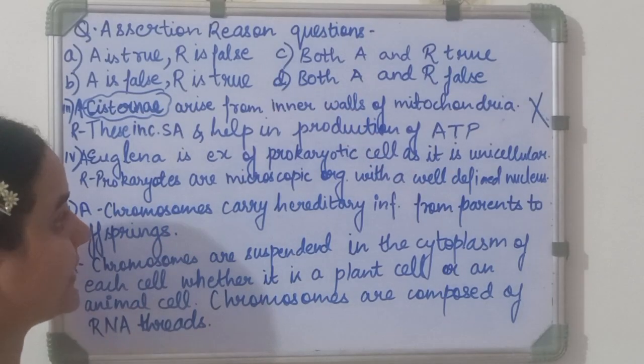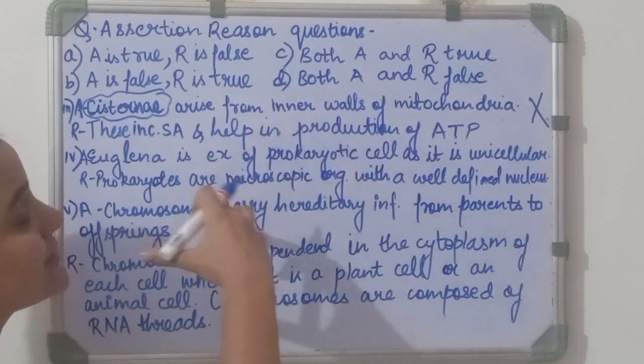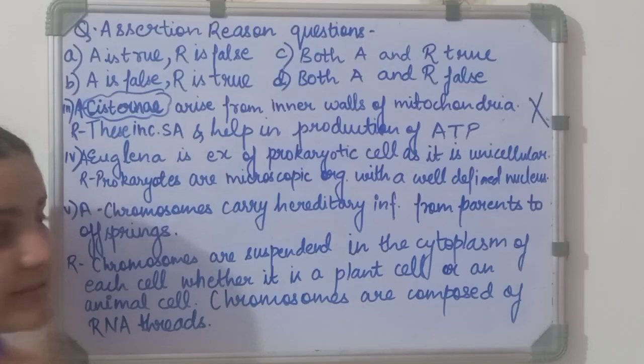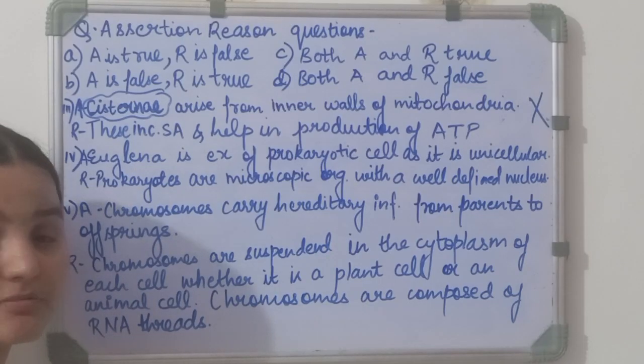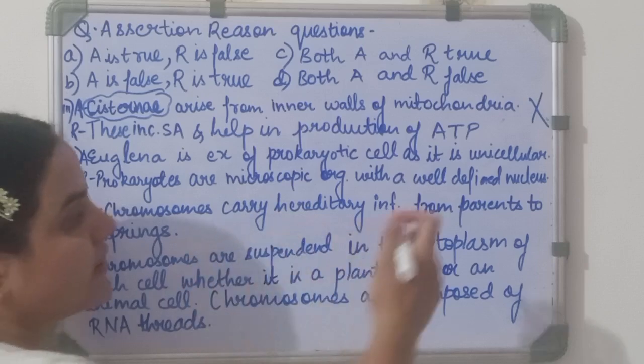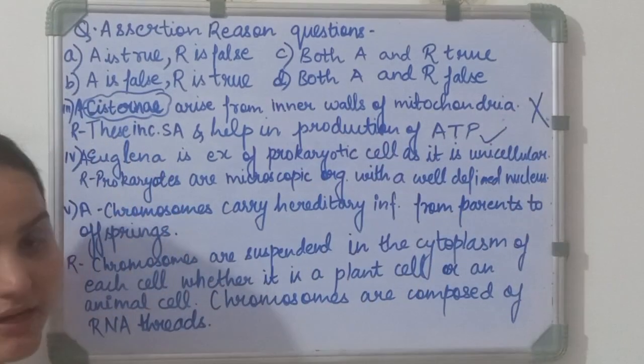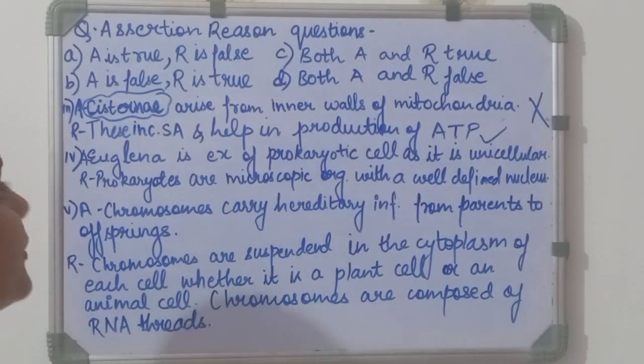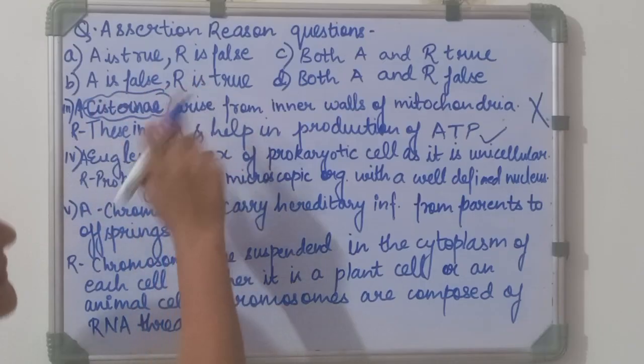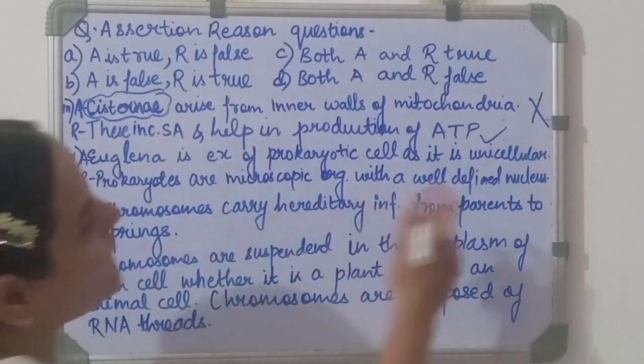Yes, that's correct. These projections generally increase the surface area and they are also responsible for production of ATP. So this reason is correct but assertion is wrong. So option B is correct.